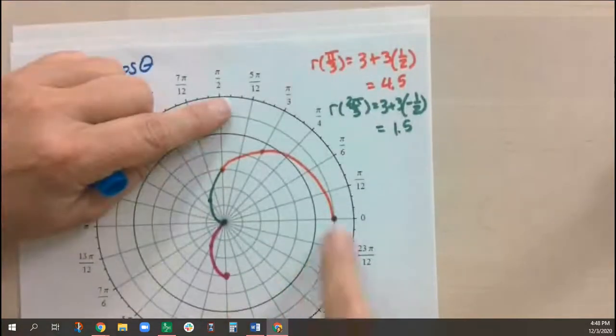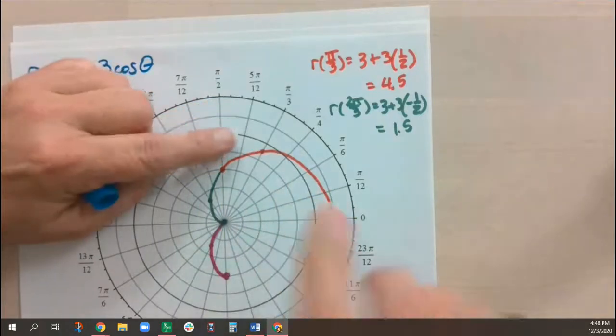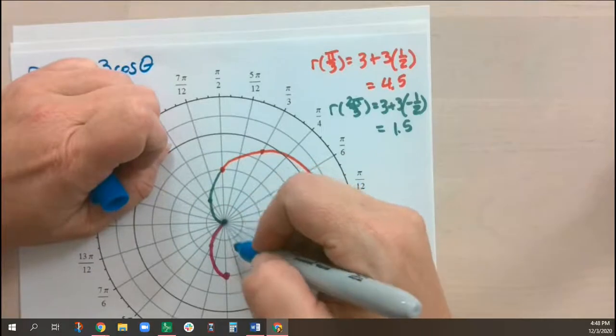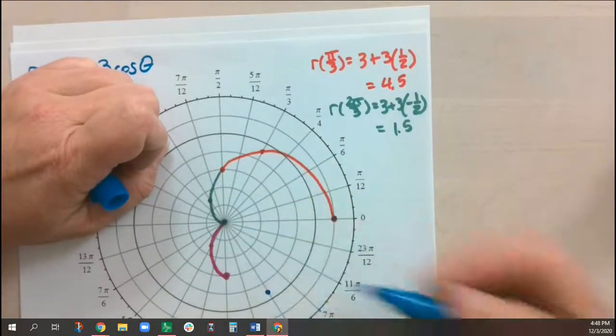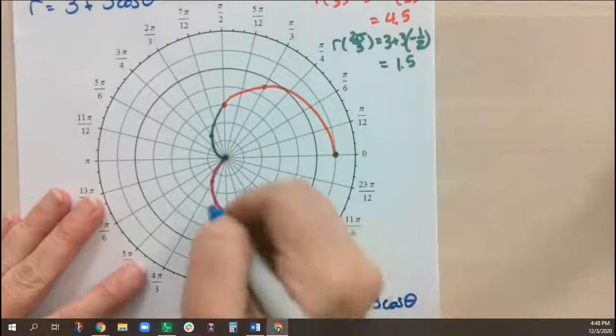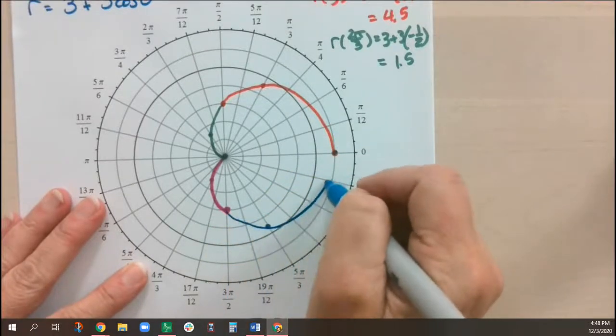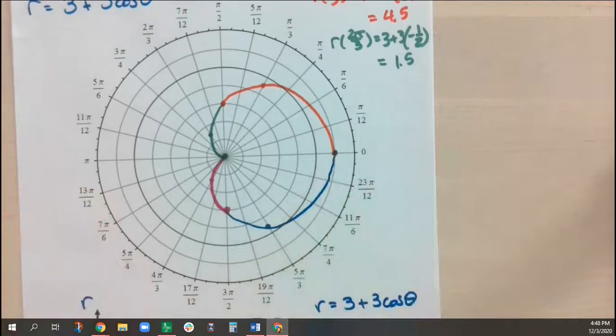This graph down here is going to mimic what we graphed up here in quadrant 1. So on the 5 pi over 3 spoke, we're going to have that 4.5 point. And then we're going to connect like this. And so there we have our first polar graph of a cardioid.